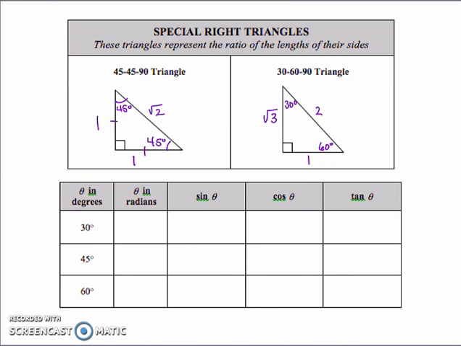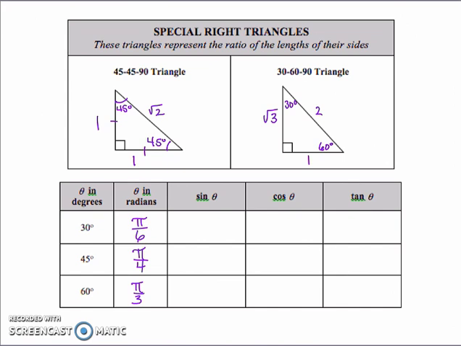So when we take a look at just filling in this table here, if our theta is in degrees, 30, 45, and 60 would be our degree measures that we're concerned with in the first quadrant of the unit circle. But if we look at them in radians, 30 degrees is equivalent to pi over 6 radians. 45 degrees is equivalent to pi over 4 radians. And 60 degrees is equivalent to pi over 3 radians.